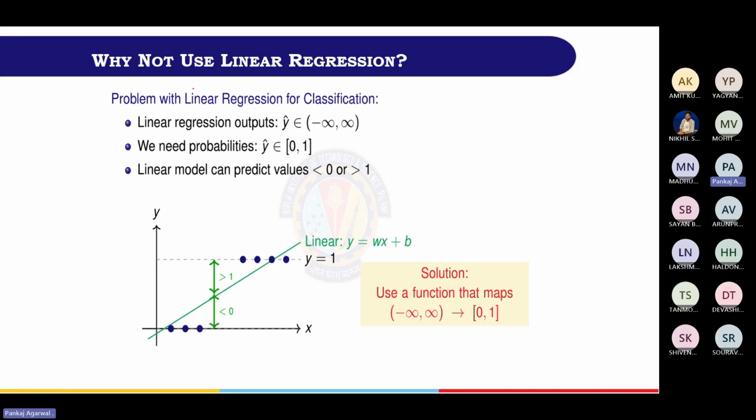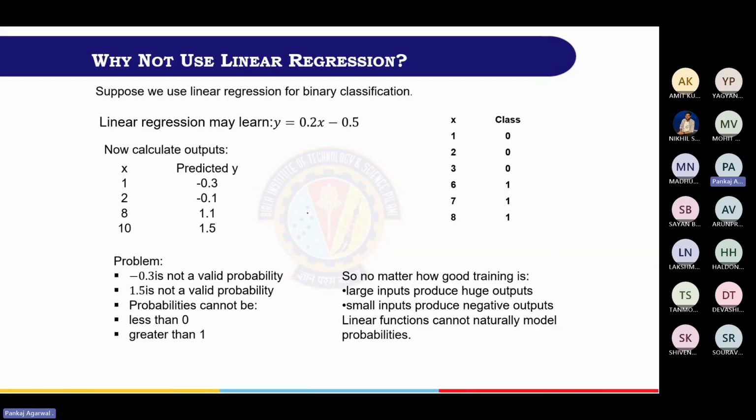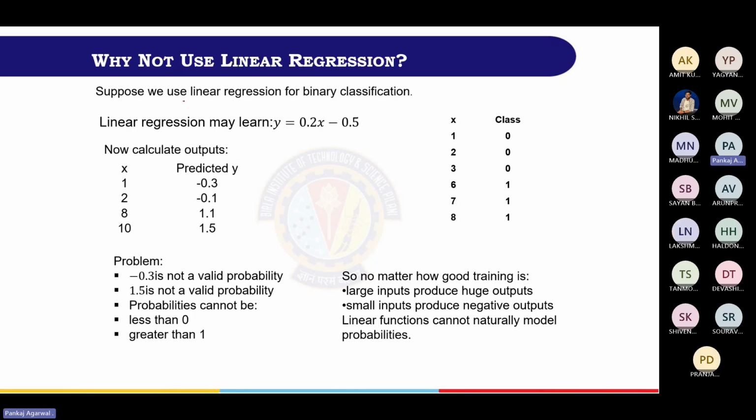So then why not use linear regression? Because we started with something called logistic regression. Why is linear regression not enough? We discussed that thought process, and we took this kind of example as well. We discussed quite thoroughly why linear regression would not be enough for binary classification.